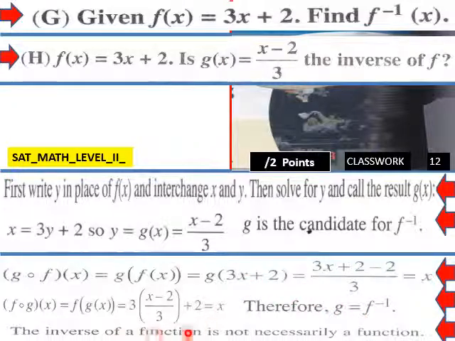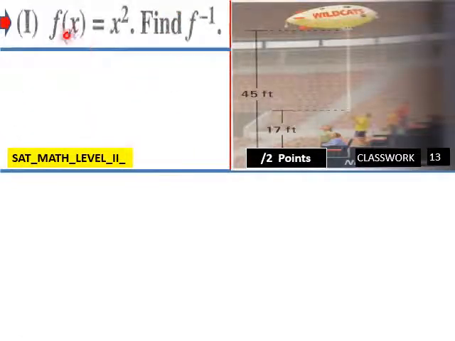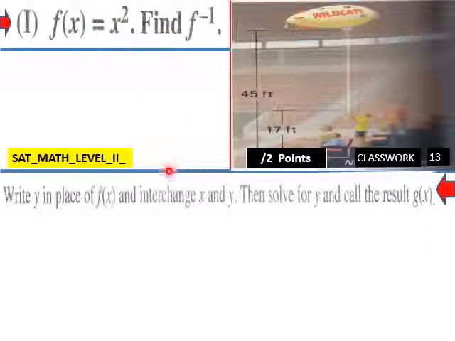The inverse of a function is not necessarily a function. So, okay, that's good to know. So f of x equals x squared. Find the inverse of f. So to find that, write y in place of f of x. So we write y equals, and interchange x and y. So we have y equals x squared.